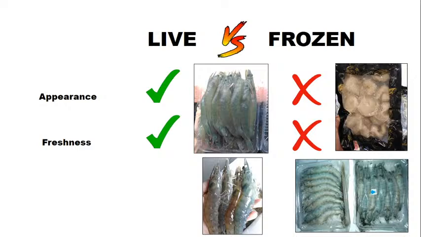Moving on, as a customer, everyone would go for live seafood compared to frozen. This is due to their nice appearance and freshness. However, we can also see a lot of frozen products at the supermarket. Most of them use the IQF method, where they ensure the shrimp freeze faster to sustain their freshness, moisture and nutrition inside the shrimp.